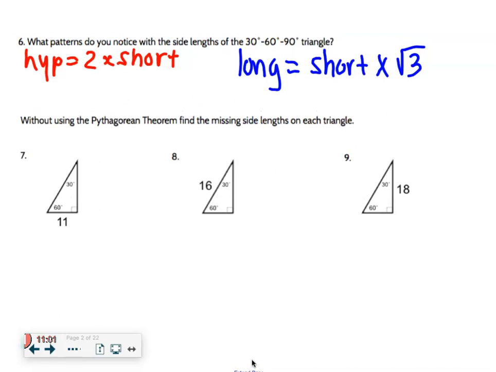Wait, so number 4 is 4 square root 3. Yes, sir. Here's my short side. To get my hypotenuse, I just double this. So it's 11 times 2, 22. Yep. To get my long side, I take my short times root 3.